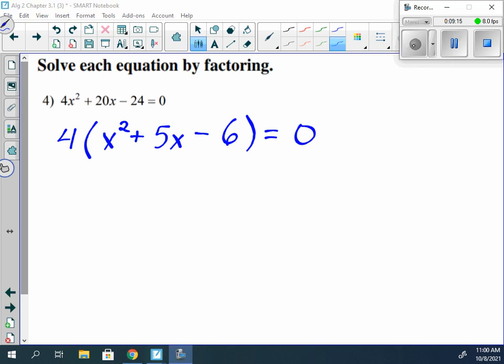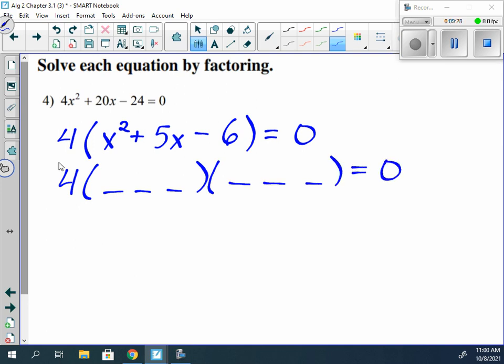Okay, so we have this here, 4 times x squared plus 5x minus 6. So we can go on and factor this down, 4 parentheses here. Now, since the 6 is negative, our signs are going to be opposite.